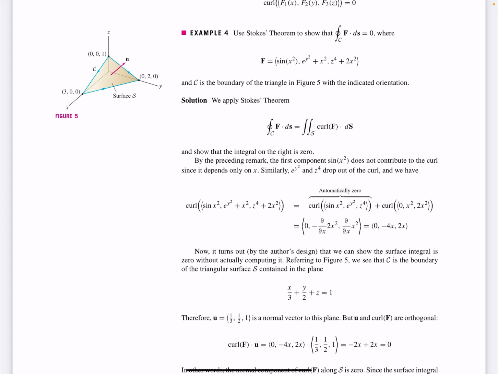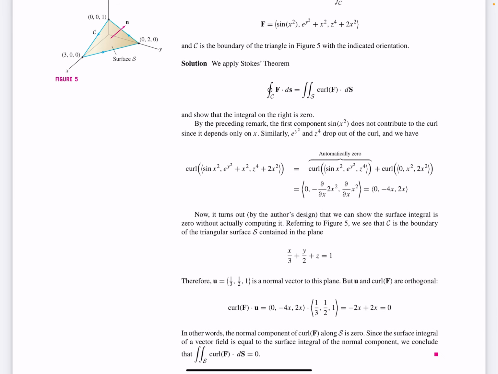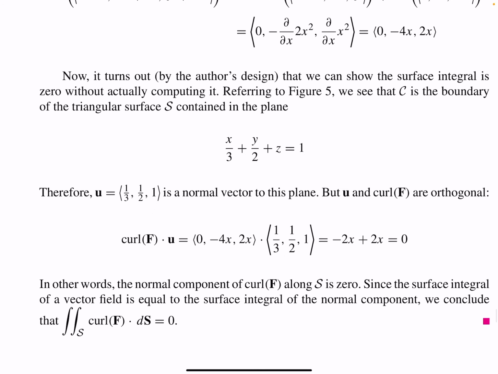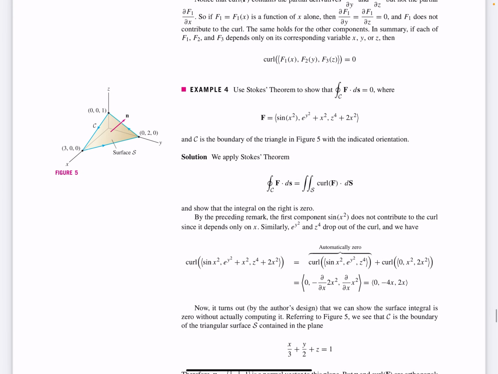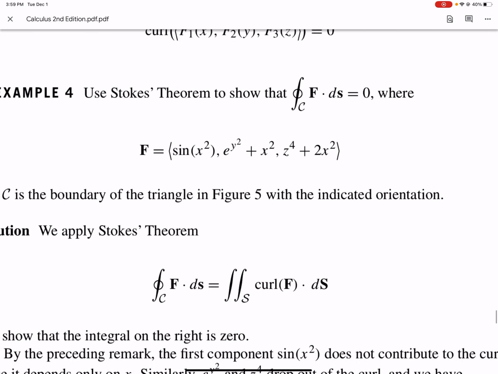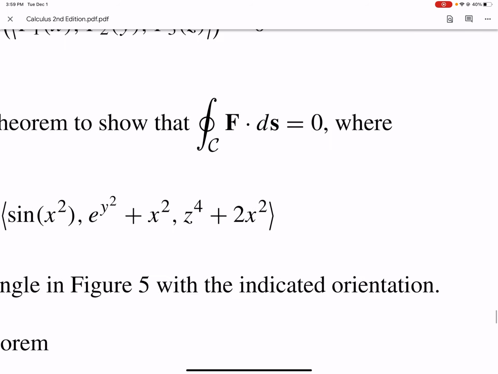Notice in a surface integral, we have to dot the vector field, fed the parameterization, with the normal vector, and that gives us this little line down here, and it's 0. And so we have shown that it's 0, and that's what it really said to show. It just said, use Stokes' theorem to show that that thing comes out to be 0.